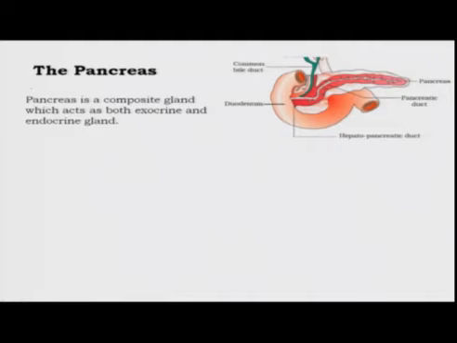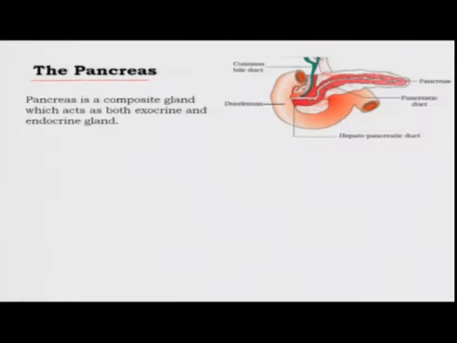Now, we will move on to a completely different organ which is present much lower down in your abdomen, which is called the pancreas. Okay. So, you have already probably heard of the pancreas. It is a very important digestive organ, and it also performs other functions which we will see now. So, pancreas is actually a composite gland.